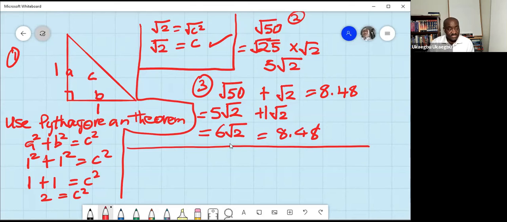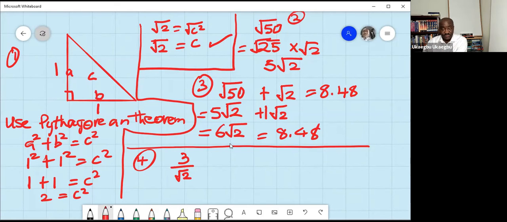So still on radical expression, let's try to give example number 4, something like 3 divided by square root of 2.